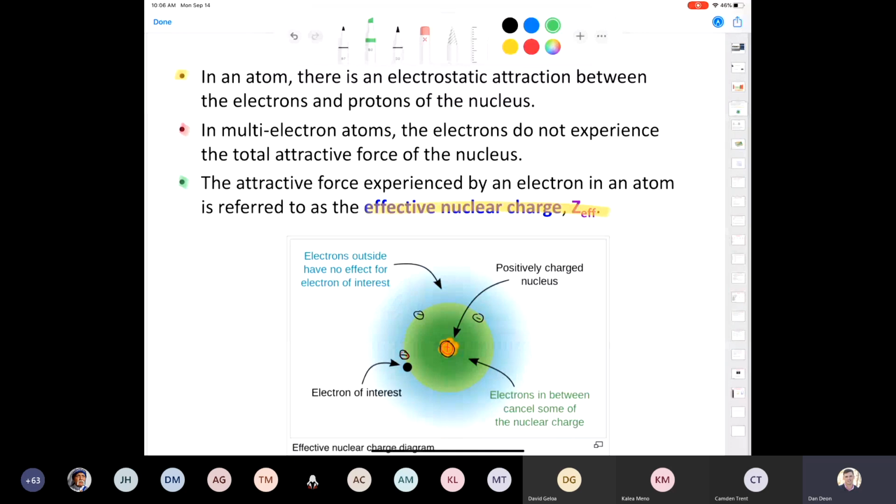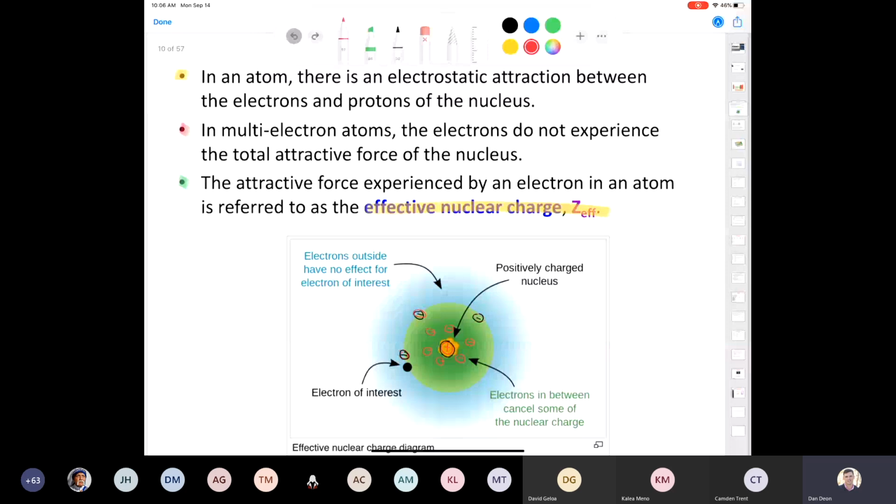Let me explain it one more time, in case you're unsure. You see these three electrons that I've drawn in black, they're right on the edge. Those are outer electrons, or valence electrons. If I put a bunch of electrons on the inside, they're going to shield these electrons that are on the outside.